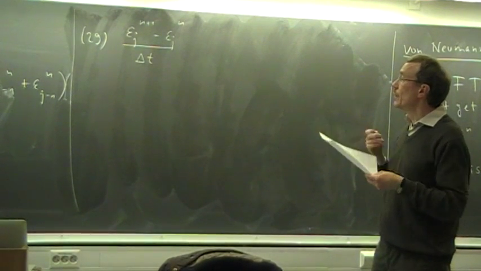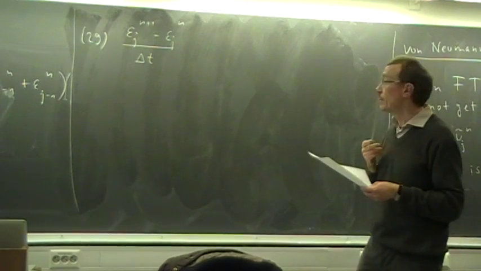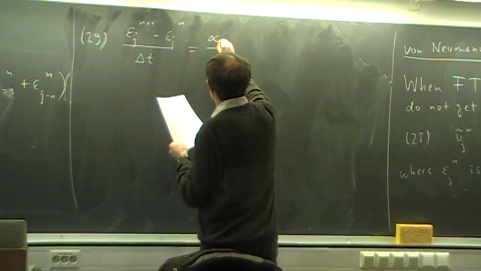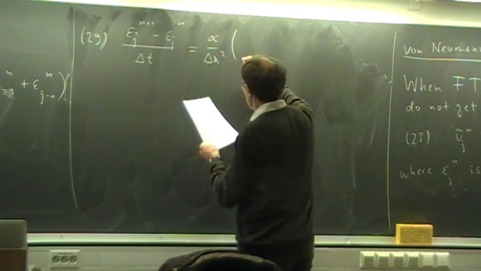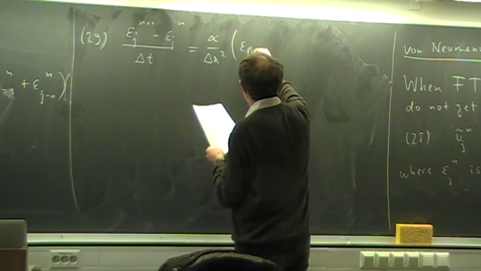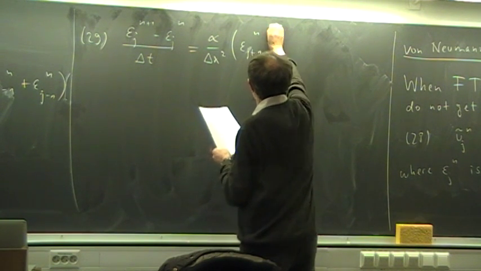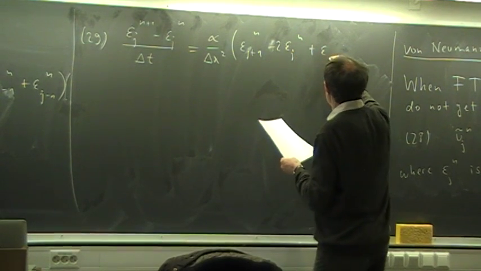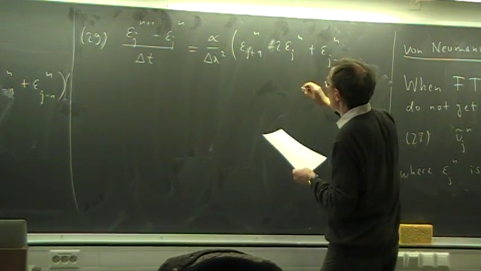We get now the same formula for the rounding error. So that is then alpha delta x squared, epsilon j plus 1 n minus 2 epsilon j n plus epsilon j minus 1n.